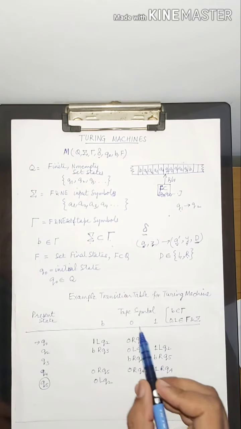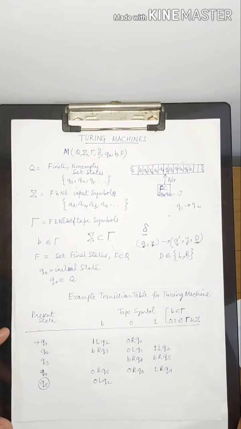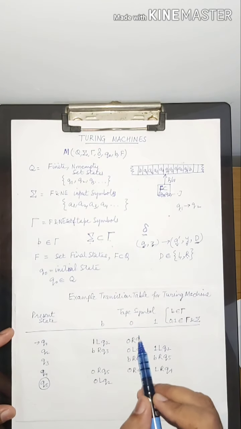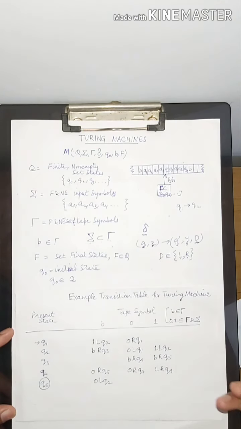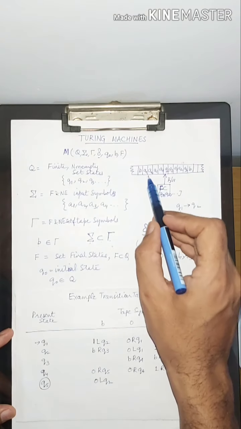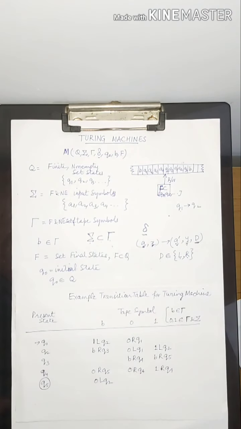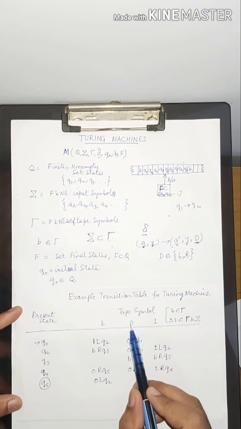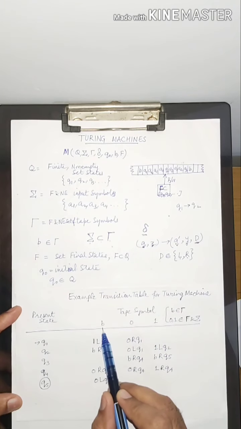And on the right hand side we have the column of tape symbols. In this example, we have two input symbols 0 and 1. In the earlier example we were having A1, A2, etc. In this example we have these two symbols as input symbols 0 and 1, and an additional symbol B as a tape symbol.